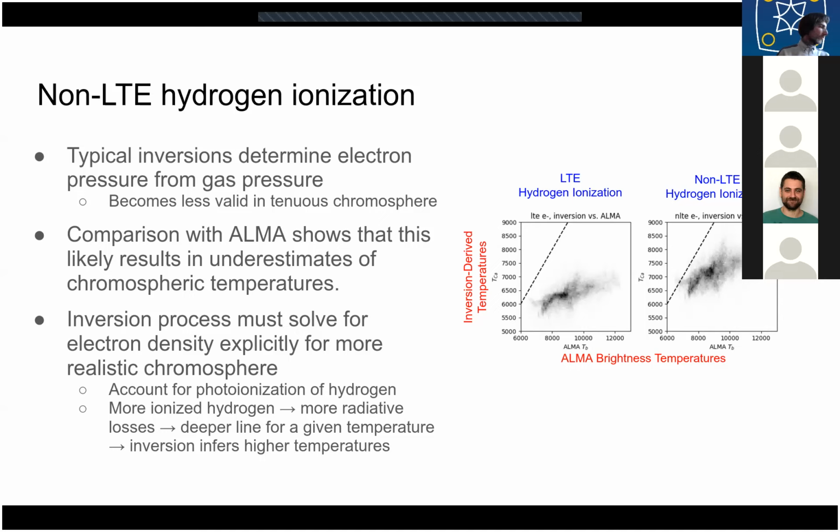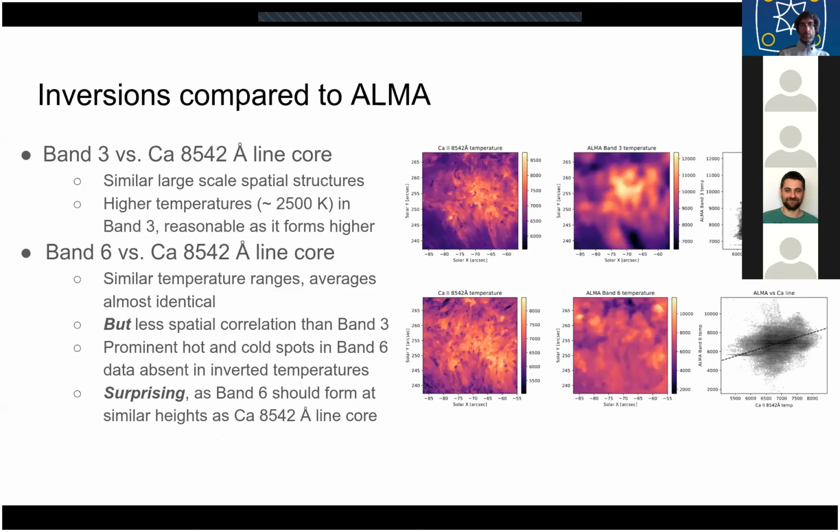And so that leads you to underestimate the temperatures in the chromosphere. So in our case, we need to solve explicitly for the electron density, and this affects both the depth of the calcium line and the height of formation of the ALMA continuum.